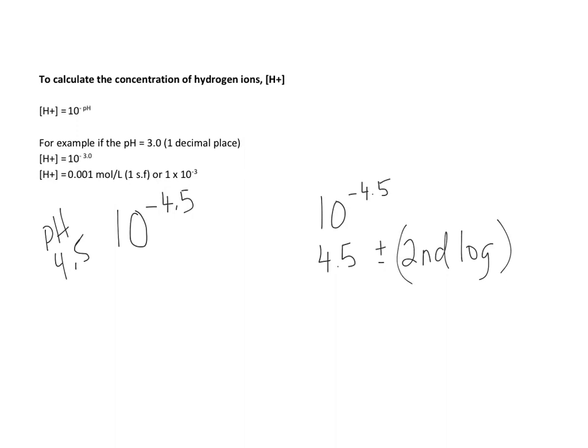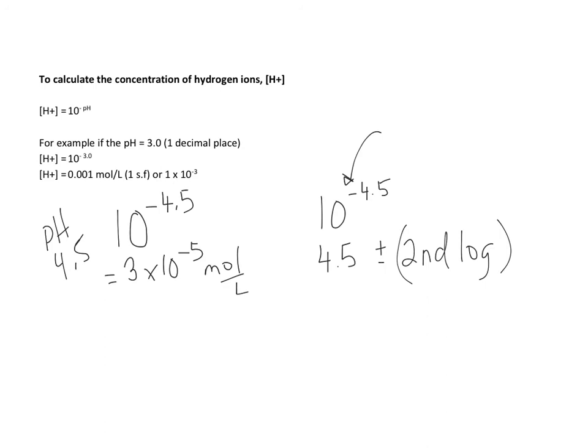So this ends up being, now there's only 1 decimal place, so we only need 1 significant digit in our concentration. 3 times 10 to the negative 5 moles per liter. If you end up with a positive 5, 3 times 10 to the 5, that means you forgot to put in the negative when you did your calculation.